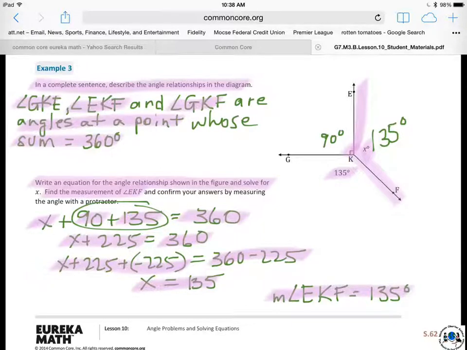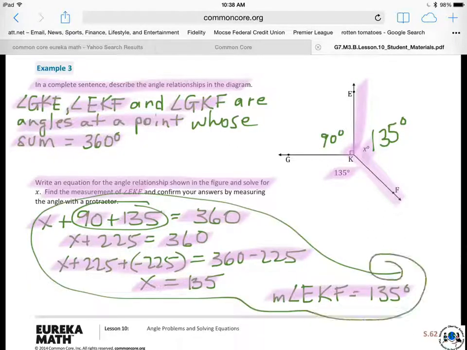Using an equation, that's how we get that answer. Of course, you could have also added that plus that and subtracted from 360, but it's important that we're applying our equation knowledge to angles.